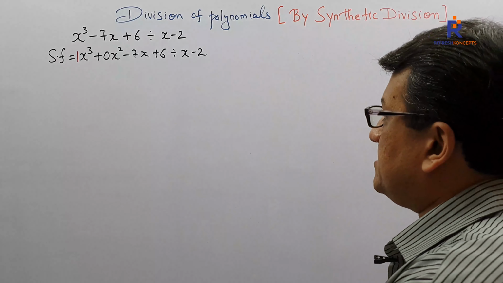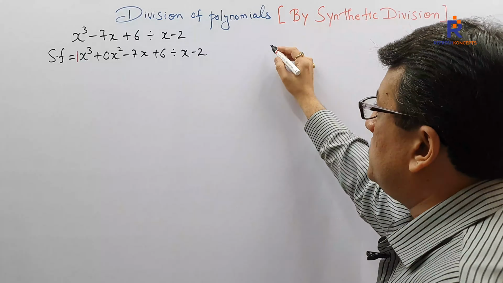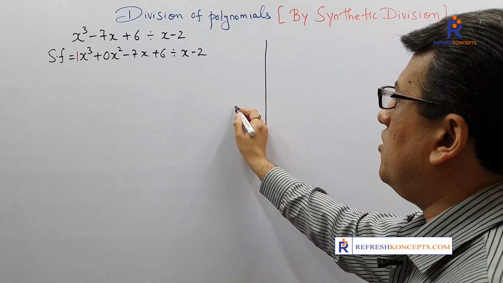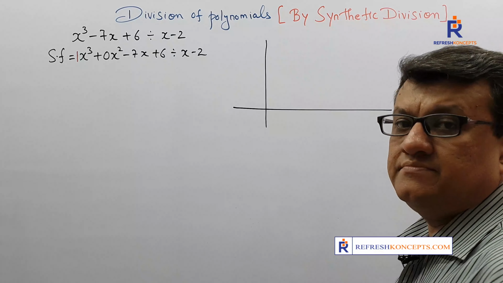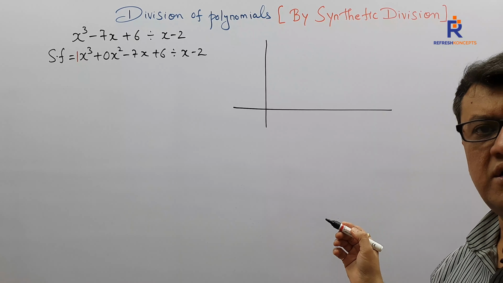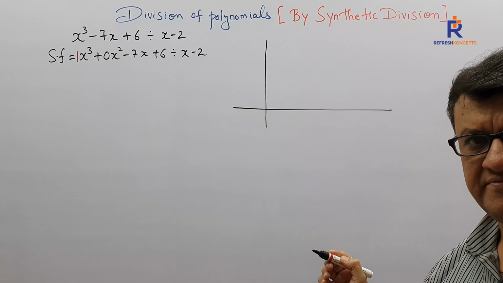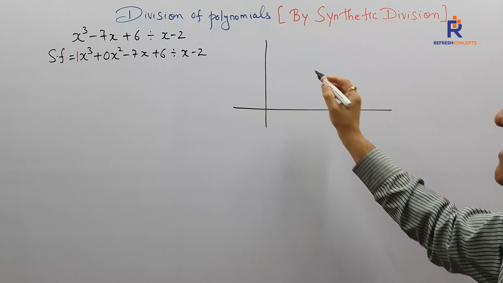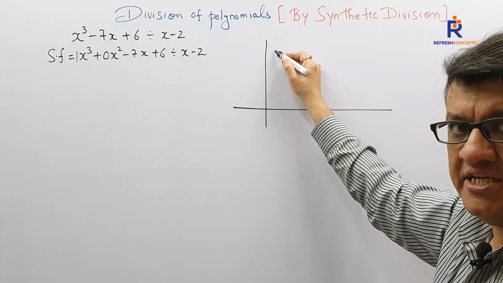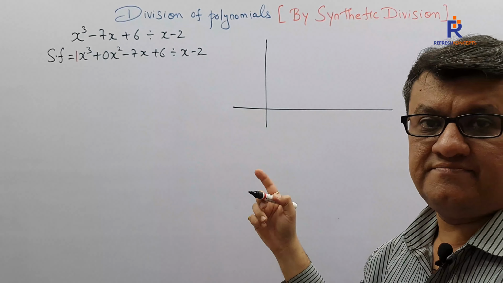After writing the dividend in standard form, we are supposed to draw lines, a vertical line and a horizontal line in this fashion. How long should the vertical line be? Around 4-5 lines, not more than that. 4 lines is more than enough. Then, in the very first line, you are going to write down all the coefficients along with the constant.